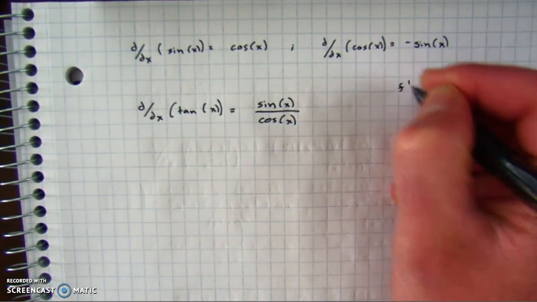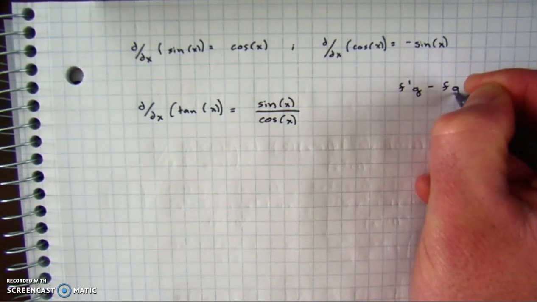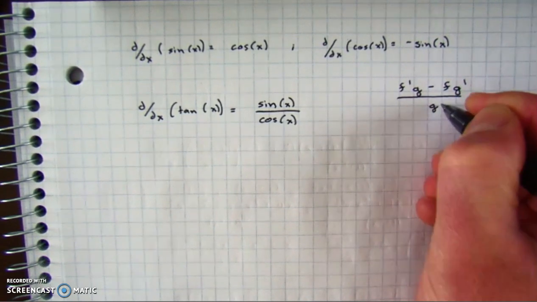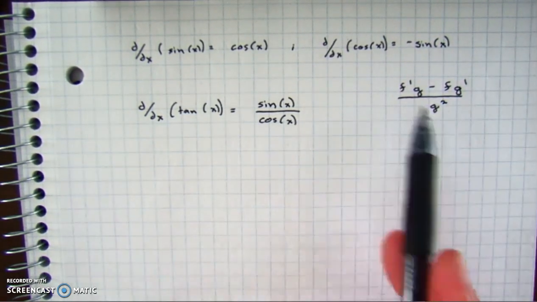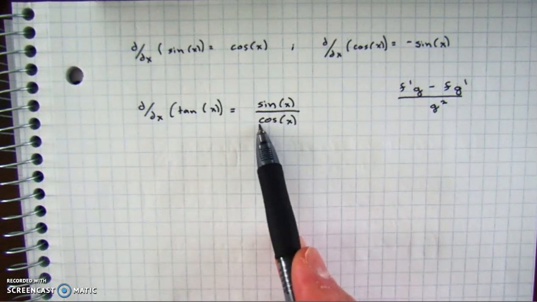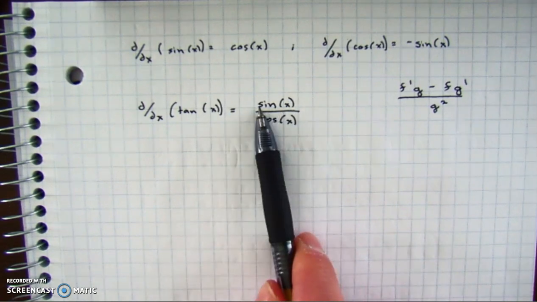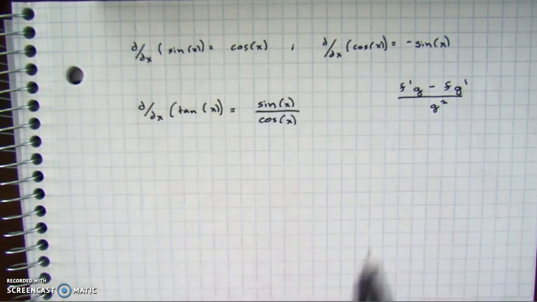So we've got f prime of g minus f of g prime all over g squared. Okay, so f is going to be sine of x, g is going to be cosine of x. So we come up here, the derivative of sine of x gives us cosine of x.